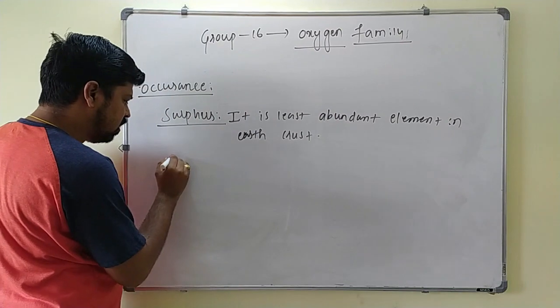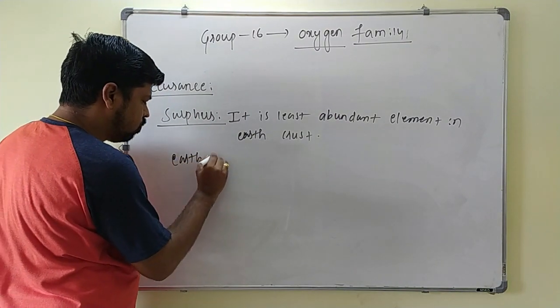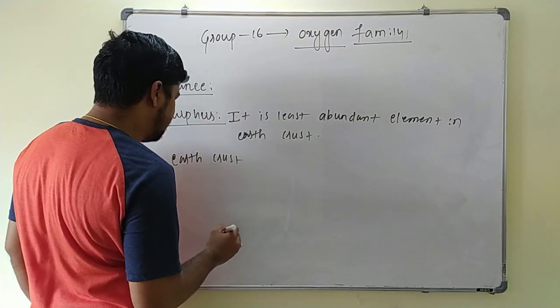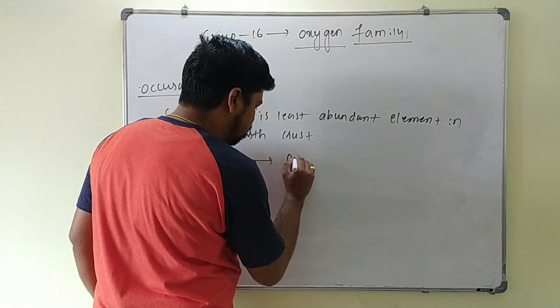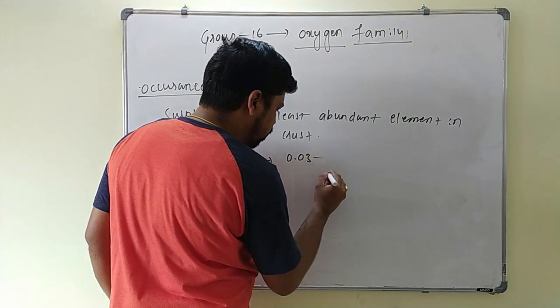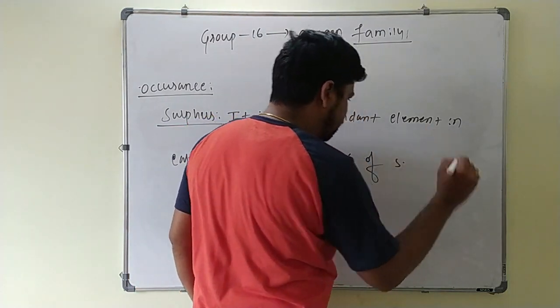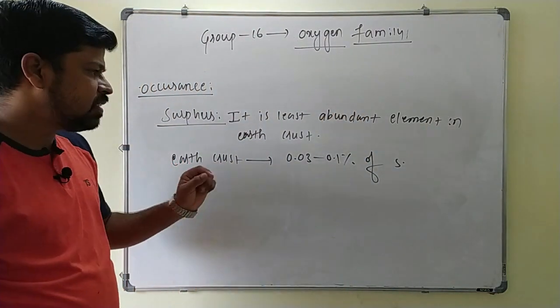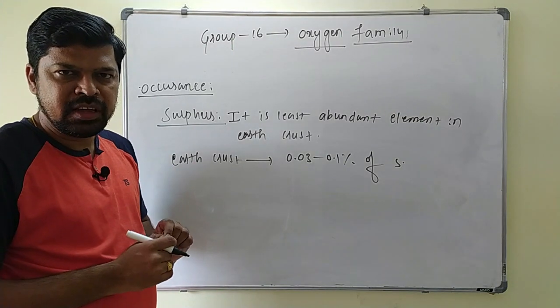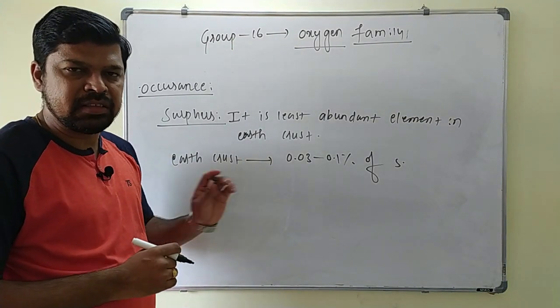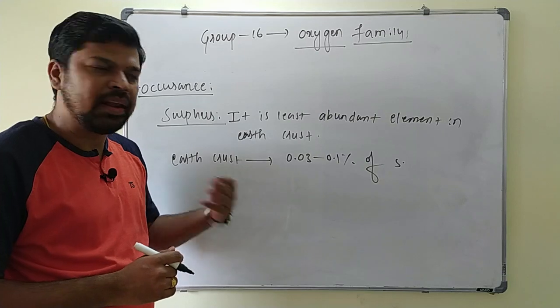Okay, because the earth's crust contains only 0.03 to 0.1% of sulfur in it. But this sulfur, in most of the ores, occurs in the combined state as metal sulphides or as metal sulfates.